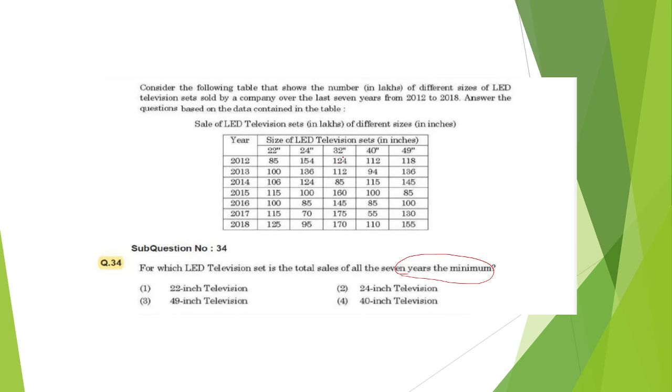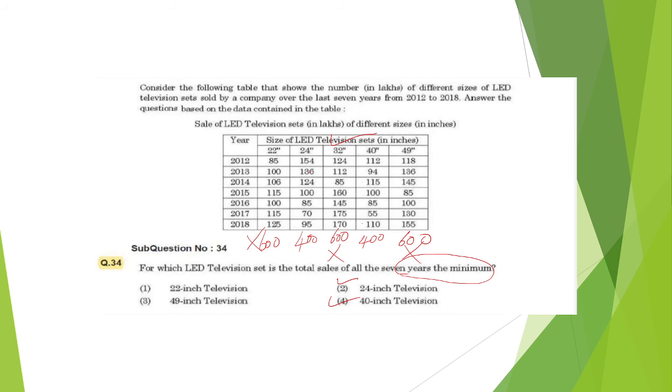Previously we found 32 inch is the maximum. We already saw these are having 600, this is having 400, this is having 600, this is also having 600. That's why it is not minimum. Just we have to compare 24 and 40 inches. In 24, 400 is there, again 400 is there.